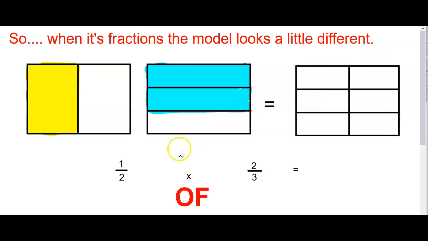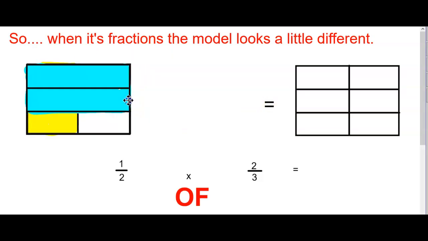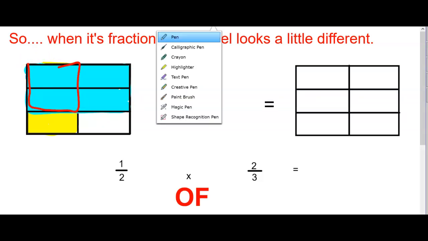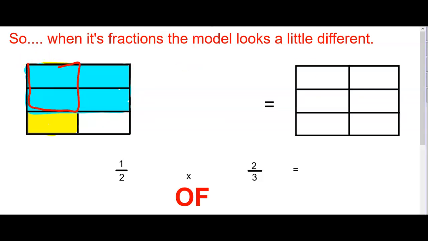So if I'm finding 1/2 of 2/3, I'm shading half of it yellow, going vertical, and then 2/3 of it going horizontal. And when I overlap them, whatever is overlapped in the blue and the yellow section is going to be my answer. Okay, so I'm actually going to color that over here on the right and show you what that looks like with our highlighters. So I'm doing half of it. Down here's half, 1 out of 2.